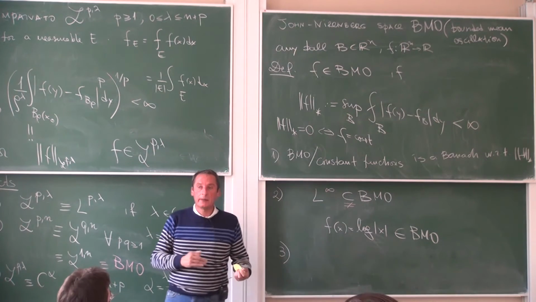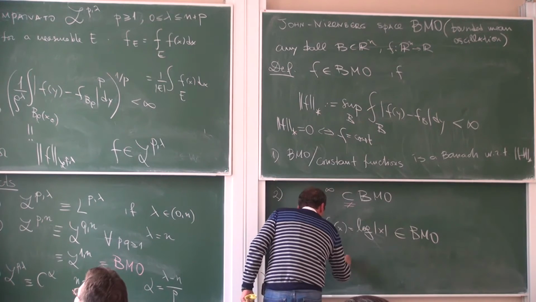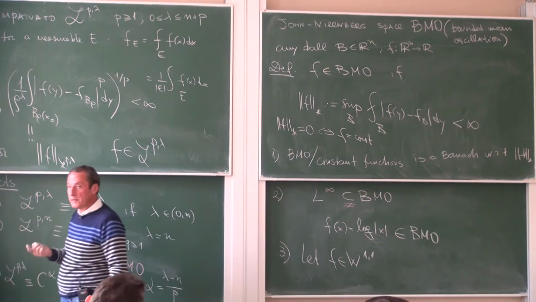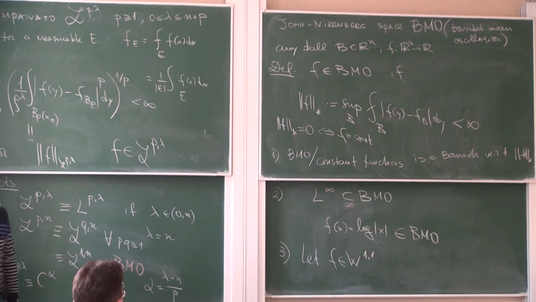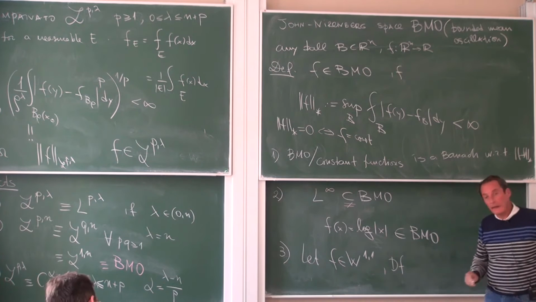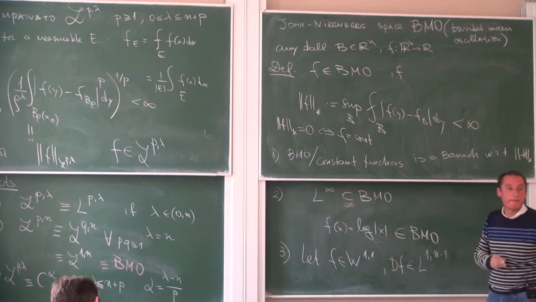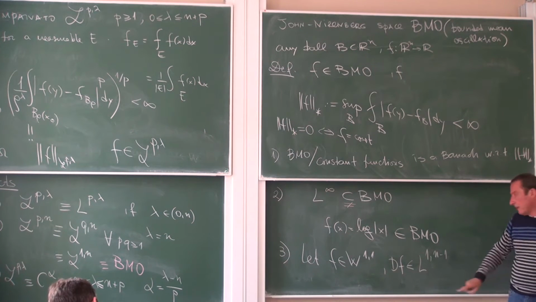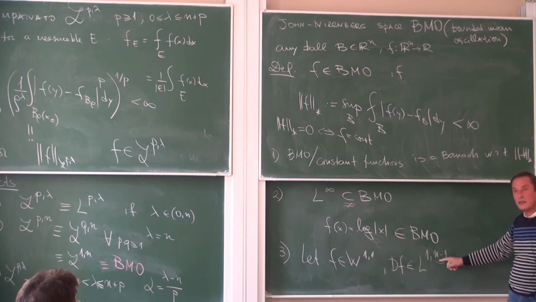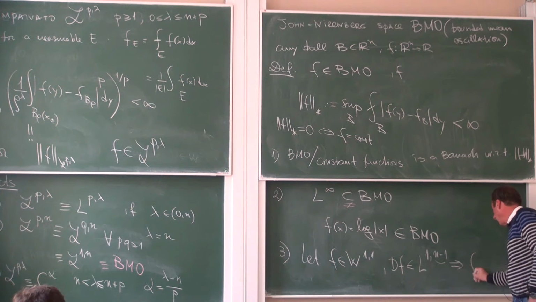Another relation of BMO with some functional spaces. Suppose you take f in the Sobolev space W^{1,1}, so the gradient of f is integrable, but assume moreover that the gradient of f belongs to the Morrey space L^{1,n-1}. So the first exponent is 1, but the second one is the space dimension minus 1. Then you can get that f stays in BMO.